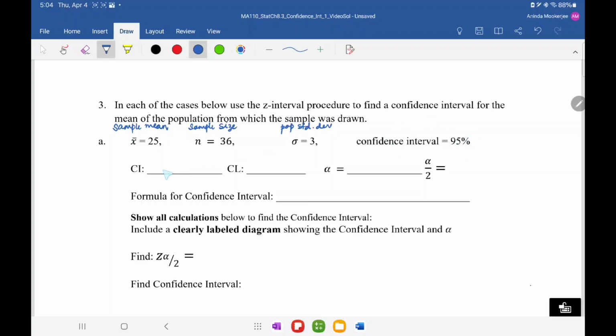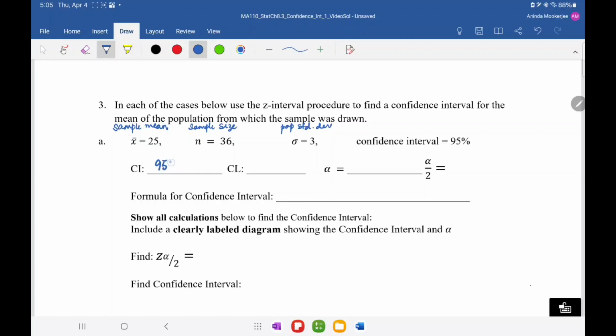So let's try to go through the steps using the data given to us. First, it asks us to list what the confidence interval is. Then CL represents the confidence level, and from there we will get the alpha and then the alpha by 2 values. So confidence interval is 95%, therefore CI will also be 95%.